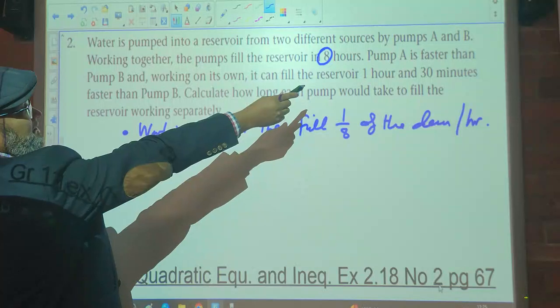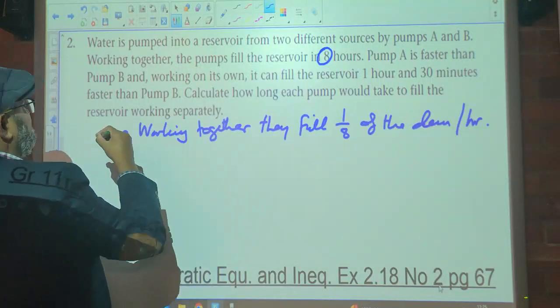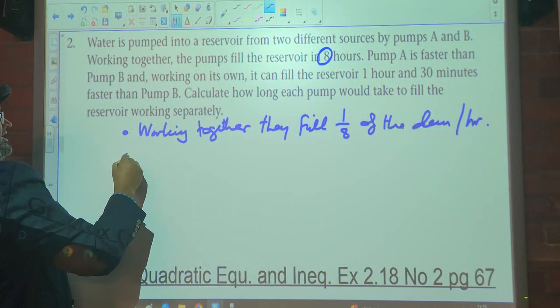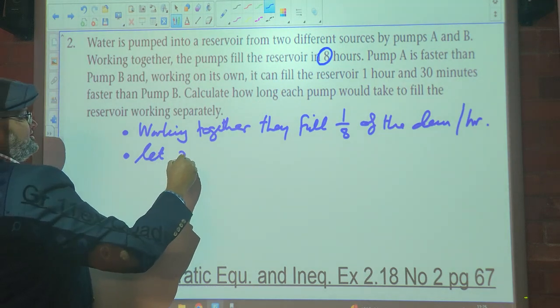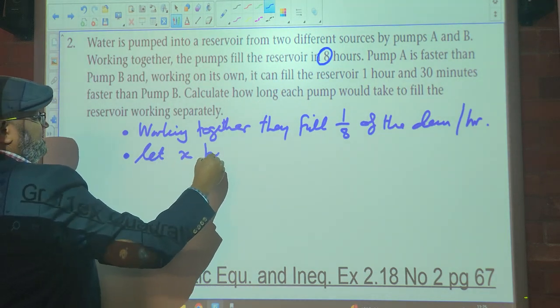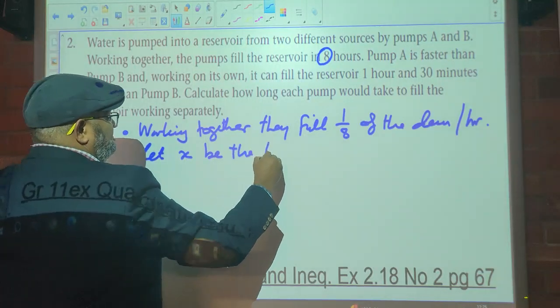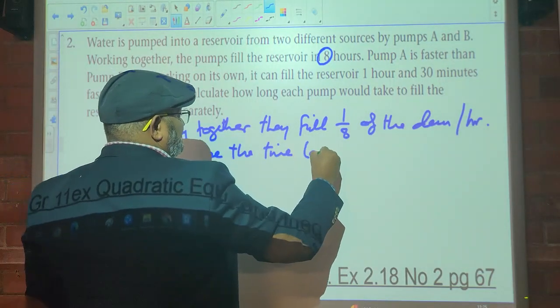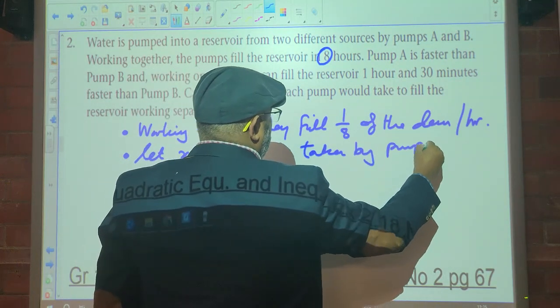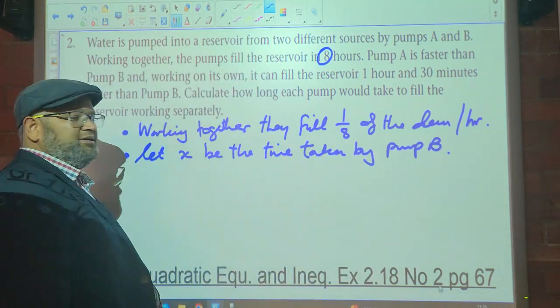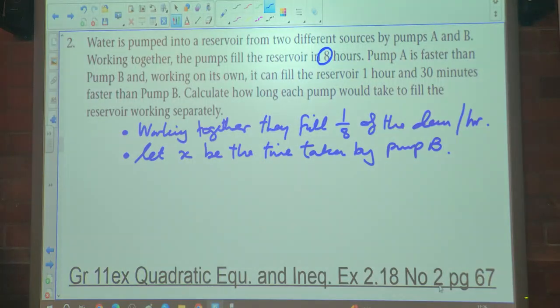Okay. Pump A is faster than pump B. So we say let x be the time taken by pump B. Not so. Or let pump B be x, whatever.